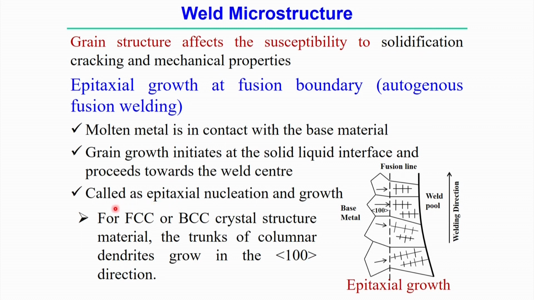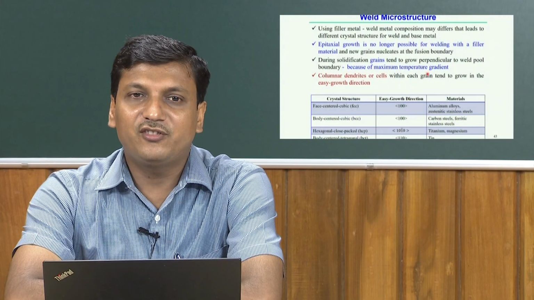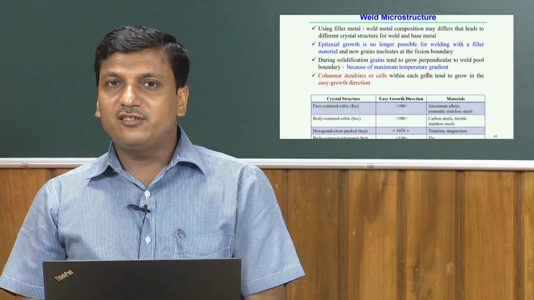If you look at FCC and BCC crystal structures, the columnar dendritic structure grows in the 100 direction, according to the Miller index, and that is observed in FCC and BCC materials. Now, if you use filler material, the weld metal composition changes, and that leads to a different crystal structure for the weld and the base metal.